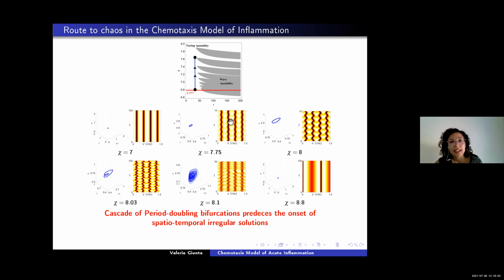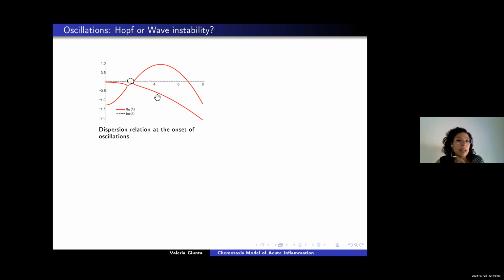And we have analyzed the nature of these oscillations. This is the dispersion relation, and here we can observe that no complex eigenvalues are expected. One would expect a pair of complex eigenvalues with positive real part, because we see some oscillations, but this is not the case.